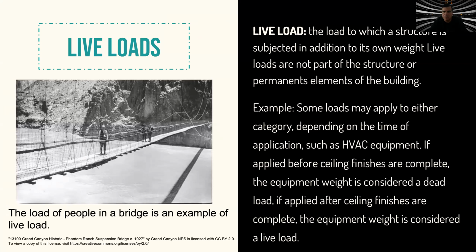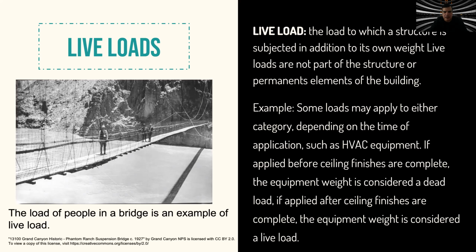Live loads are the loads that are subject to a different deal. They are the ones that are not part and are not permanent in a structure. For example, imagine that we have this bridge.